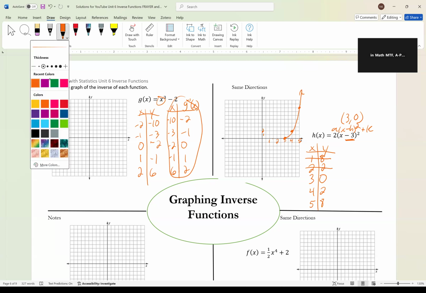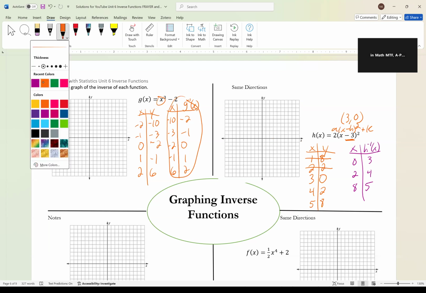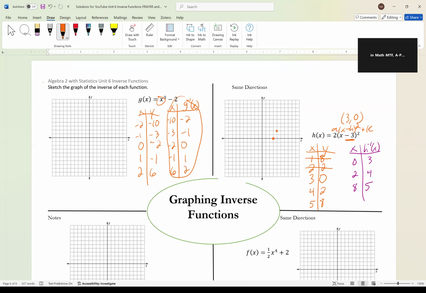And so its inverse is this function, which I guess now it doesn't make as much sense to have changed that scale. So I'm going to go back to what it was. I'm not going to change the scale in the x. That would look funky. All right, so 3, 0, 4, 2, 5, 8.